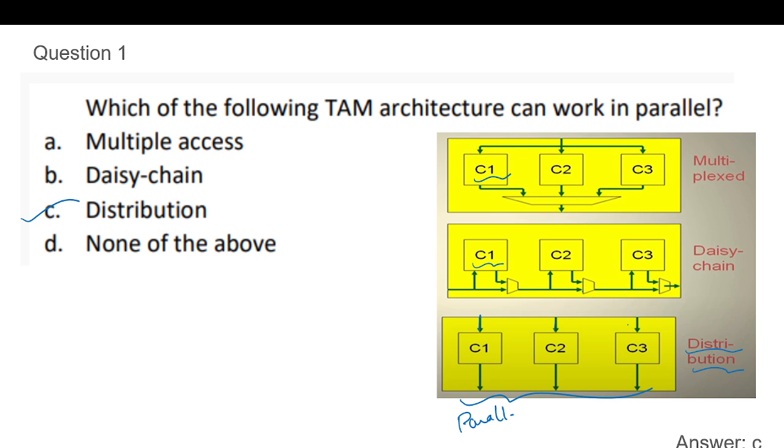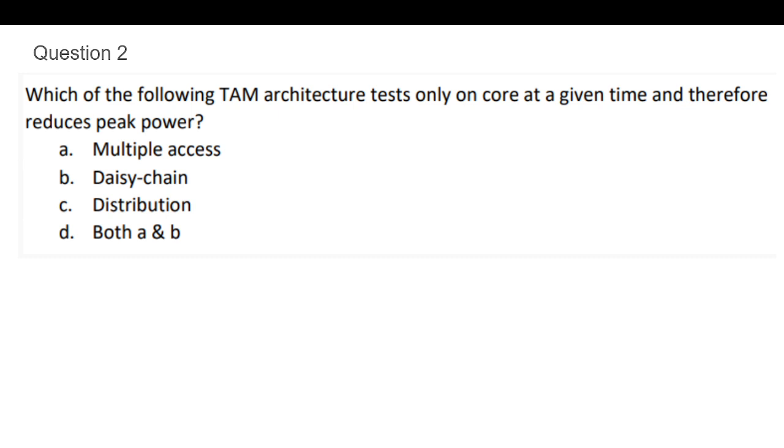Okay, let's try the next question. Which of the following TAM architecture tests only one core at a given time and therefore reduces peak power? So we want to reduce the peak power by testing only one core at a given time.